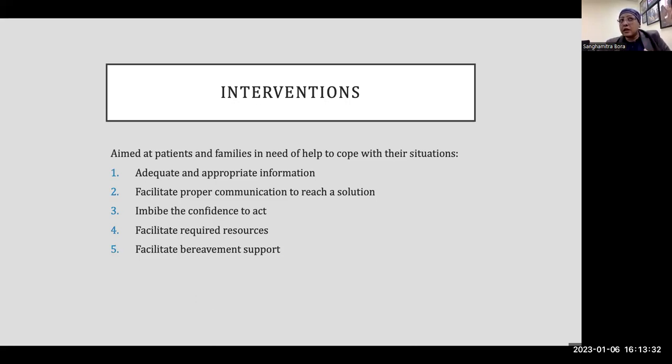This is important information, and it is to be made available to such patients by the social worker. That is a very important role that the social worker generally plays. Okay. And then facilitate proper communication to reach a solution, to imbibe the confidence to act.